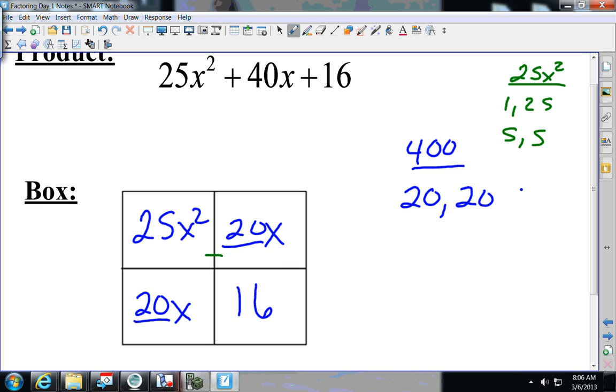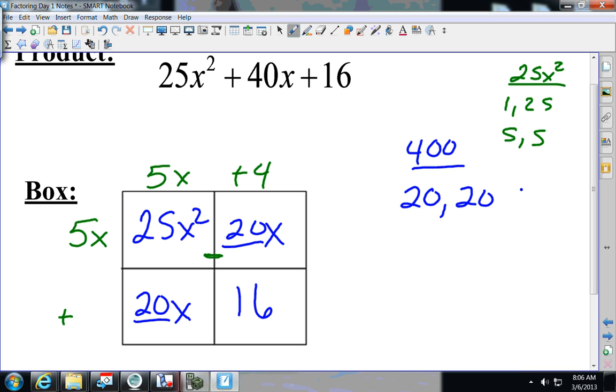Out of these two boxes, what is the GCF? Does 25 go into 20? No. But 5 does. 5 goes into both of them. So this is going to be a 5x and a 5x. Now, 5 times what gives me 20? Plus 4. 5 times what gives me 20?